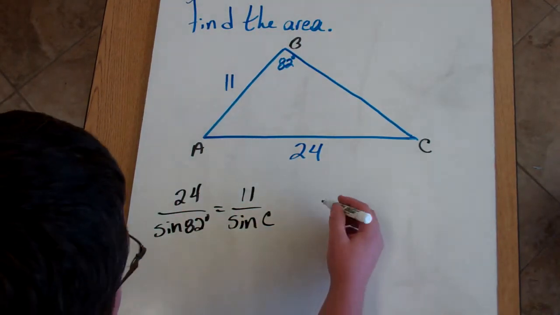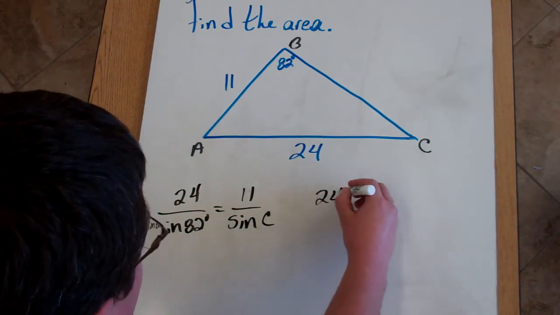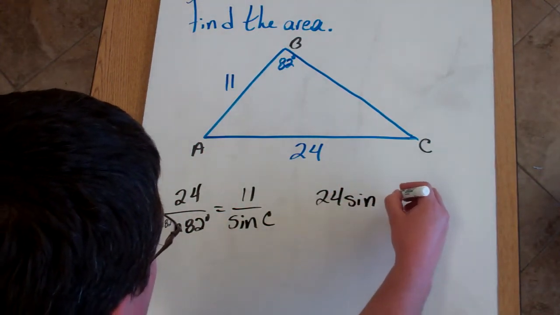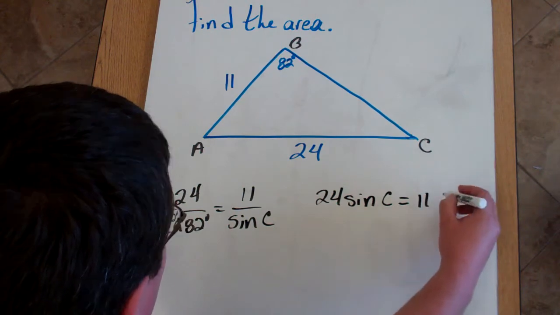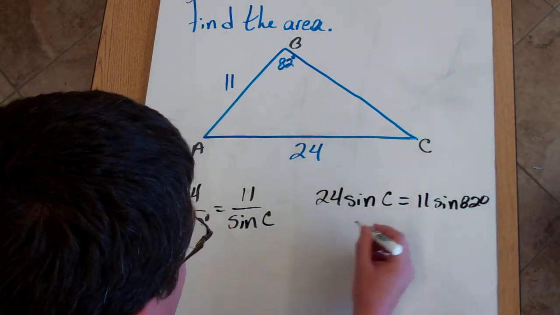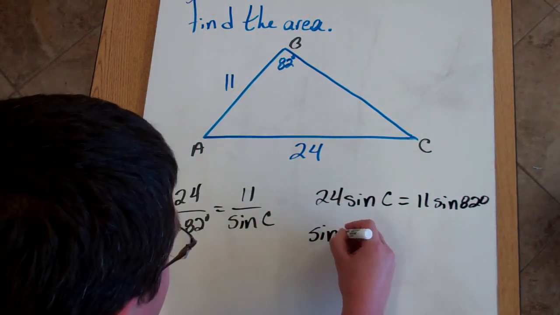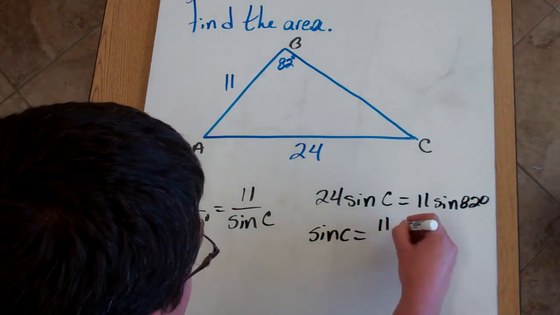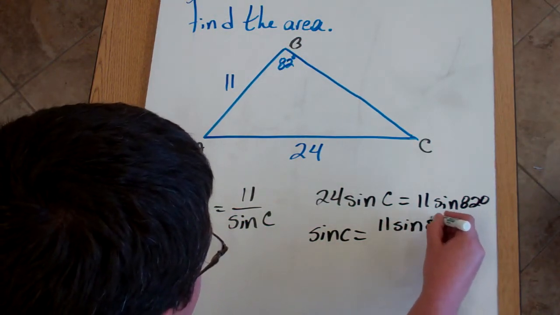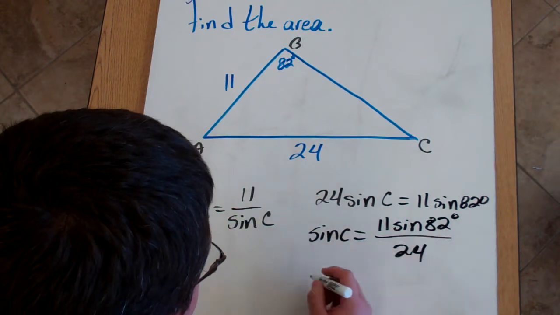So now, we're going to do cross multiplication. 24 times the sine of C equals 11 times the sine of 82 degrees. Divide both sides by 24. So the sine of C equals 11 times the sine of 82 degrees divided by 24.